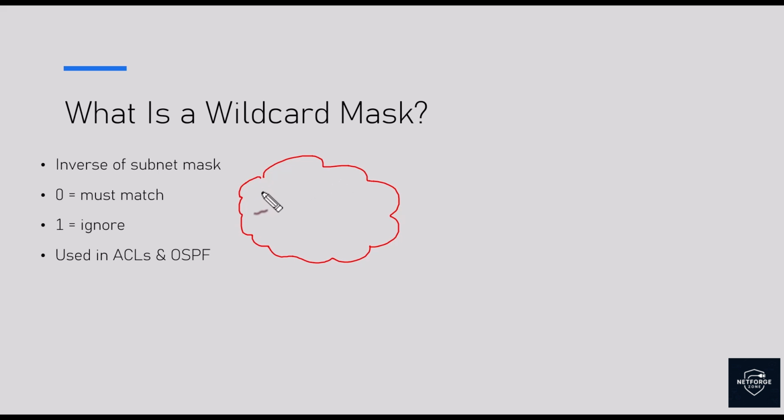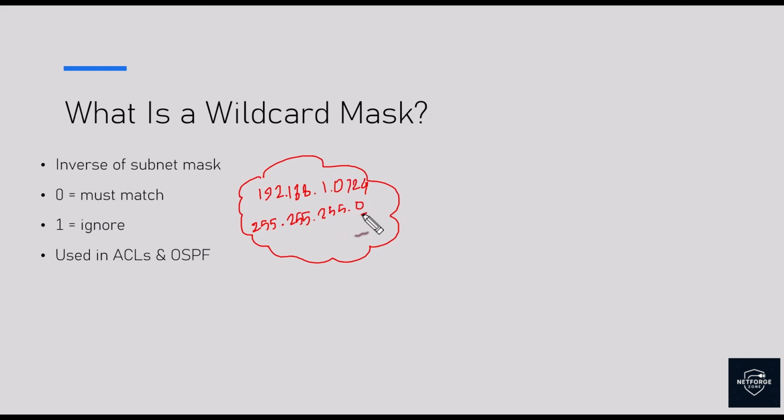The subnet could be something like 192.168.10.0/24. This /24 in the end is a subnet mask. If I want to convert it into the 32-bit subnet mask format, that's going to translate to 255.255.255.0.